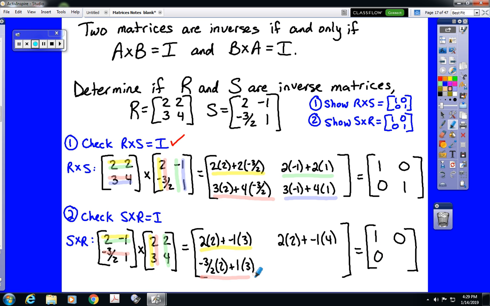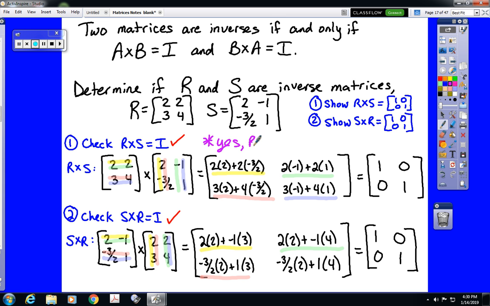I missed one of my colors here, so let me get that fixed. There we go. And then finally, row 2 times column 2, which would be negative 3 halves times 2 plus 1 times 4. It's negative 3 plus 4, which is positive 1. So once again, we have shown S times R is equal to I. So our answer here would be yes, R and S are inverse matrices.